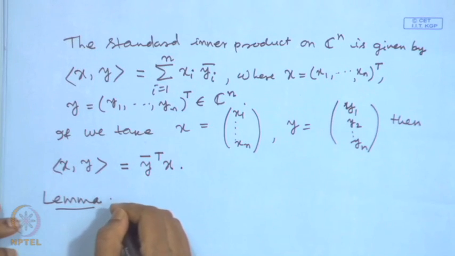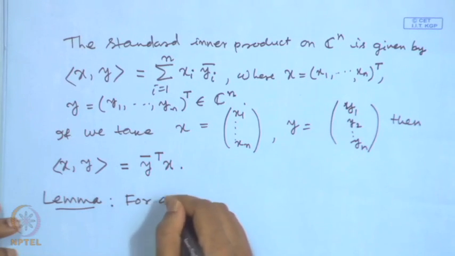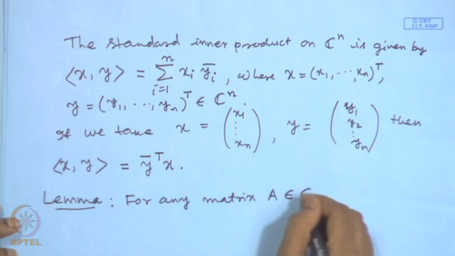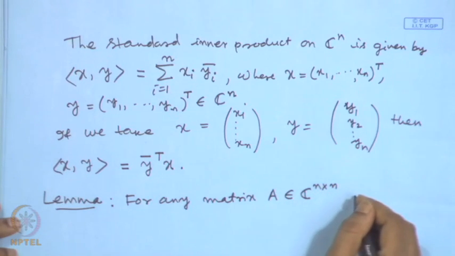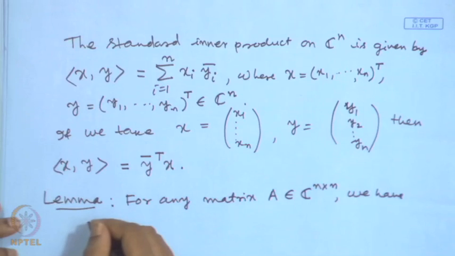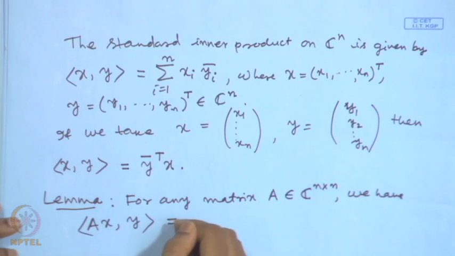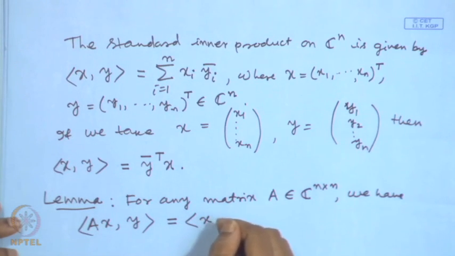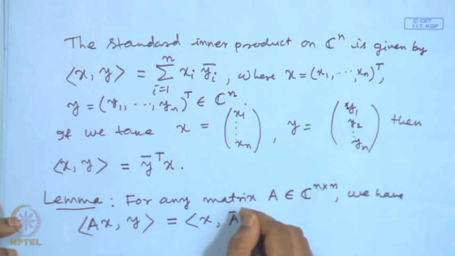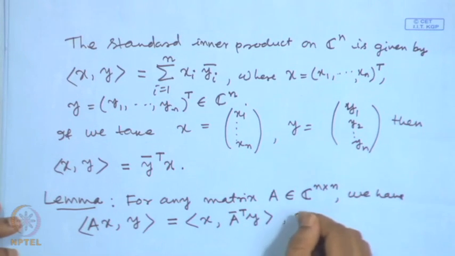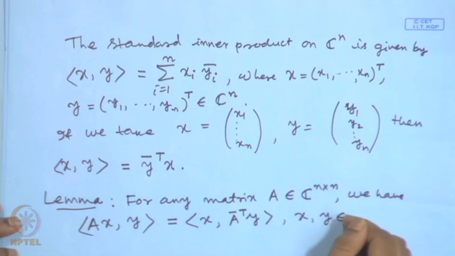Consider this: for any matrix A in C n cross n, we have the inner product of A x with y equal to the inner product of x and the conjugate transpose of A multiplied with y. This is true for every x and y in C n.